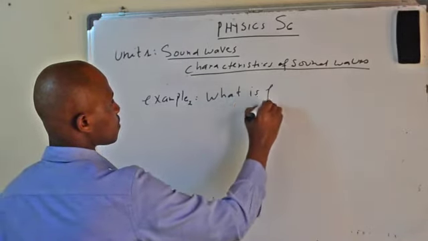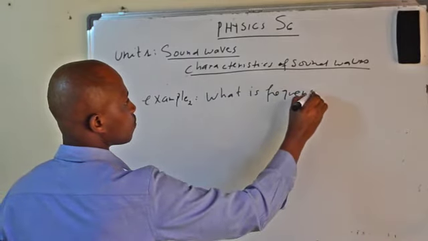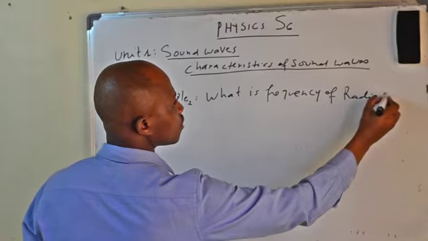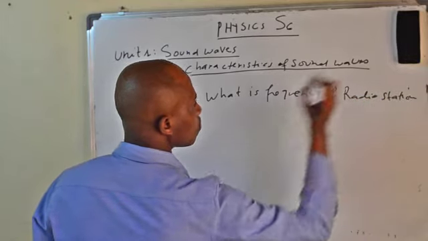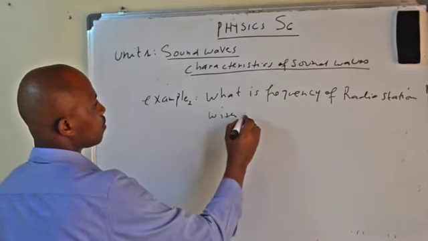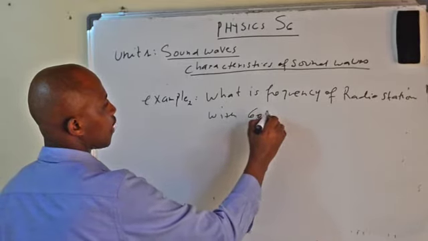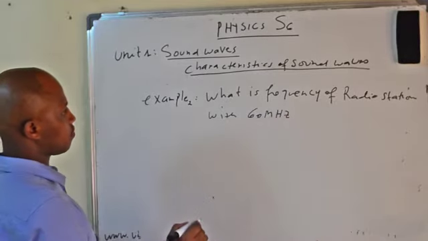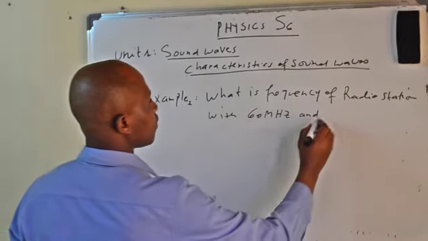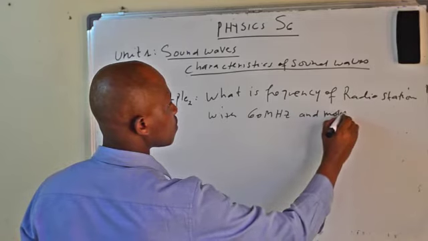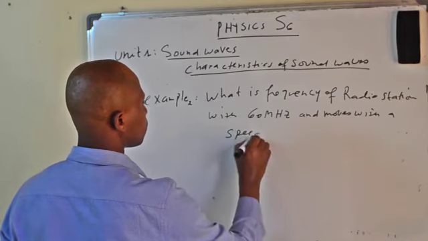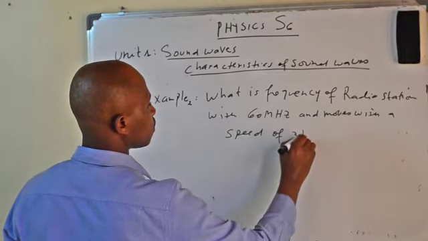What is the frequency of a radio station with 60 megahertz and moves with a speed of 3 kilometers.